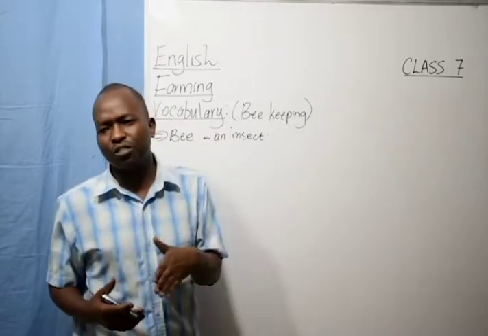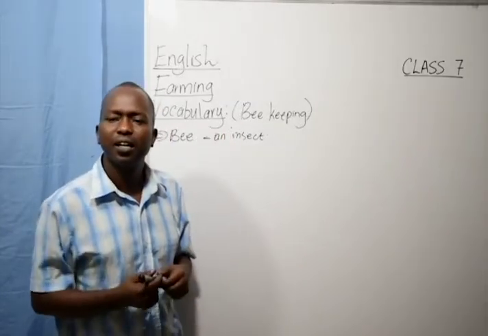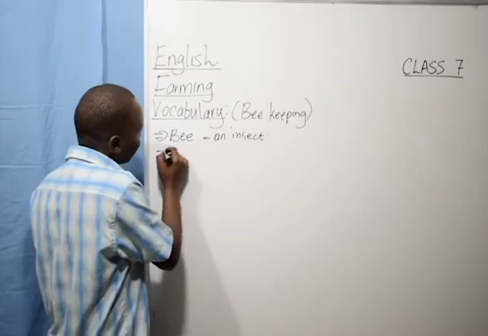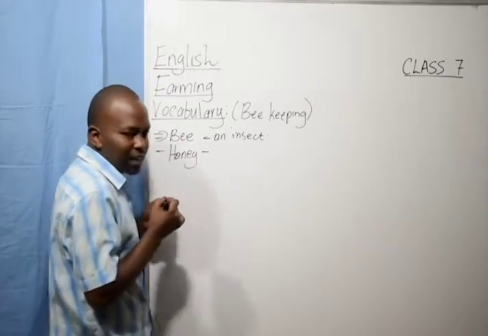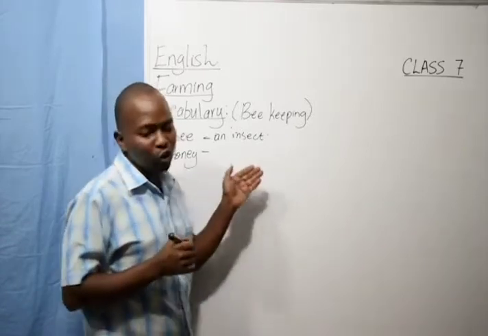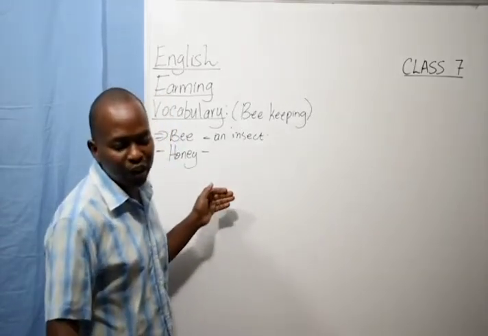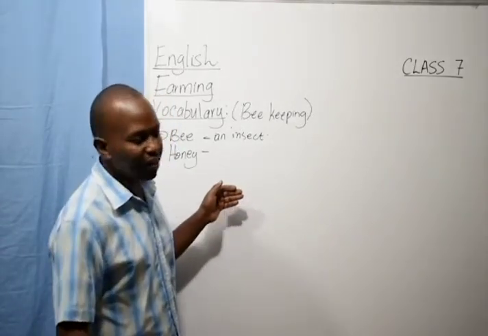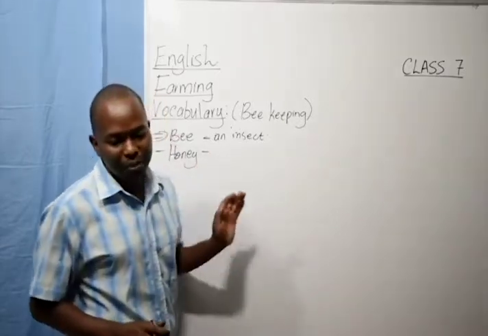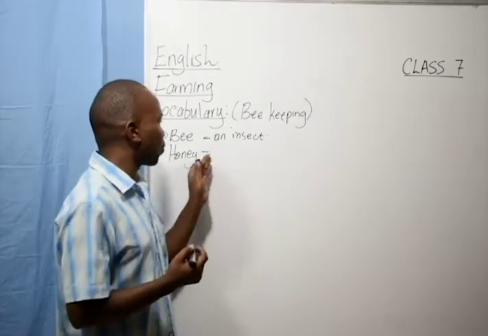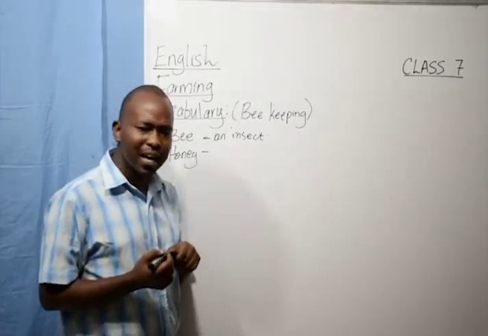Now, another importance of bees is that they produce something called honey. Yes, and I'm sure we all enjoy honey. If you have never tasted honey, ask that you be brought some, and I'm sure you'll understand why they say as sweet as honey.